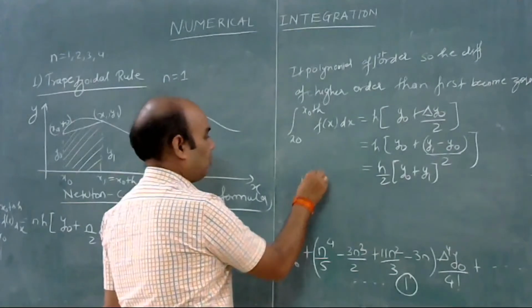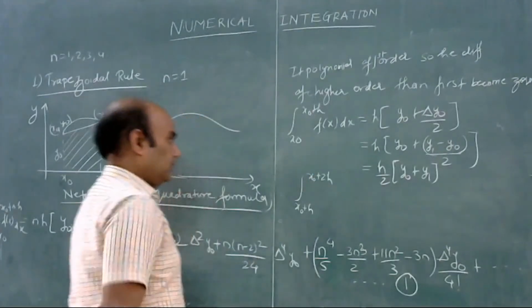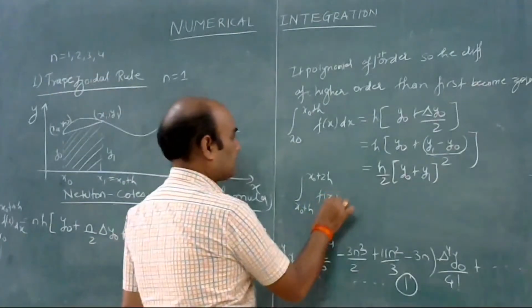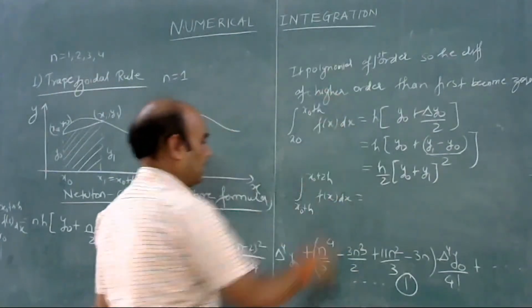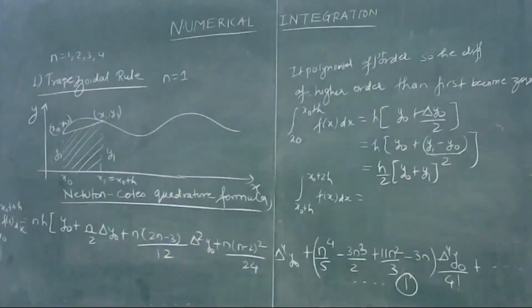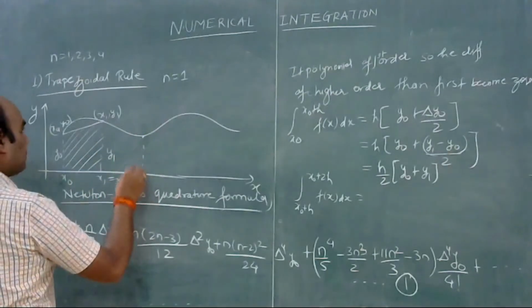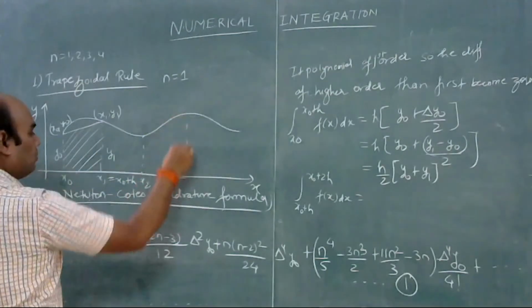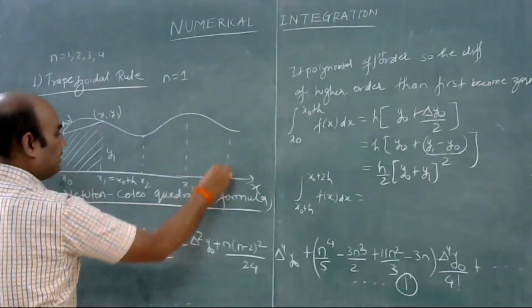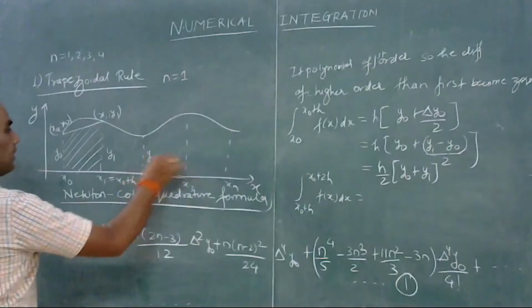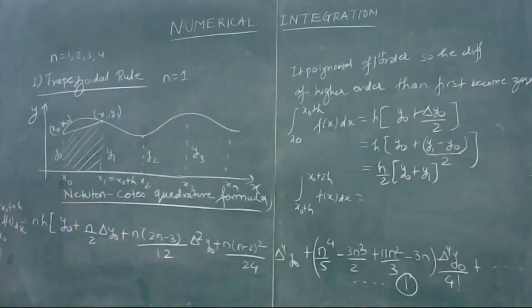So this is x0 plus 2h, multiplied by h. So the integral of f of x dx, and then we will add. So this is x2, x3, and up to xn, with the values y2, y3.